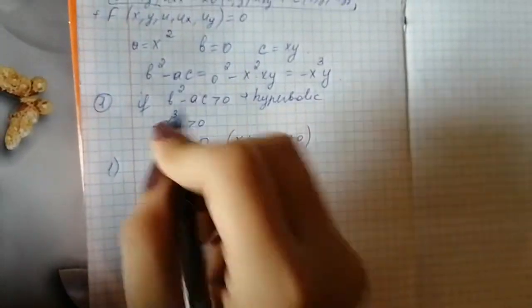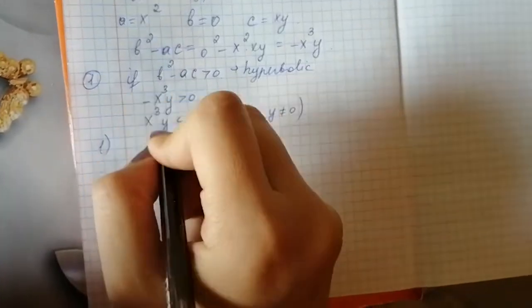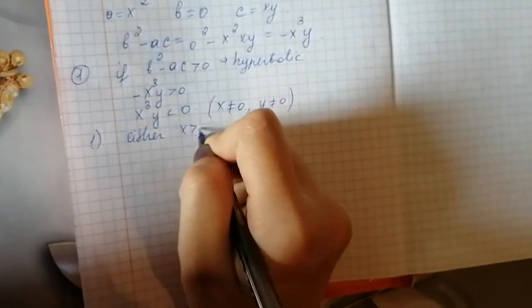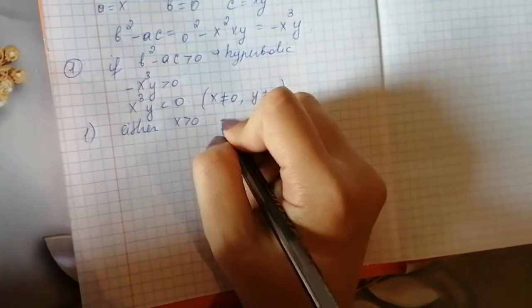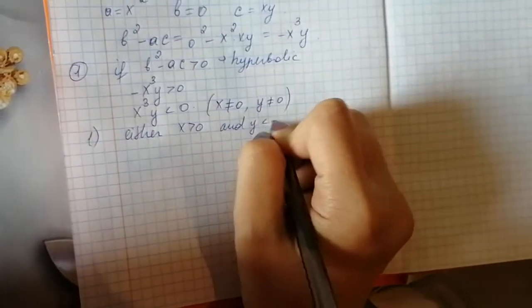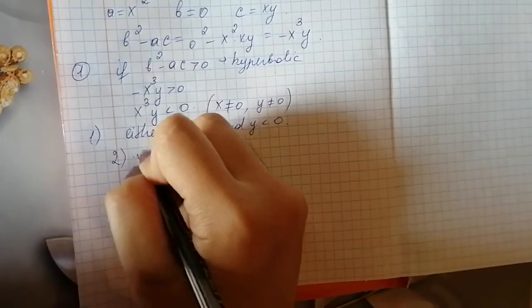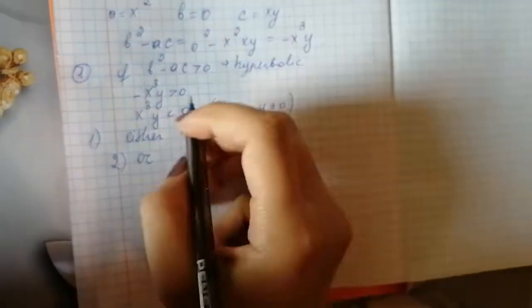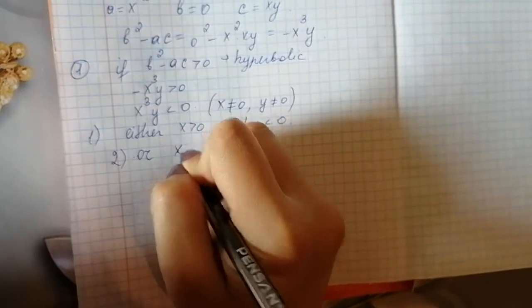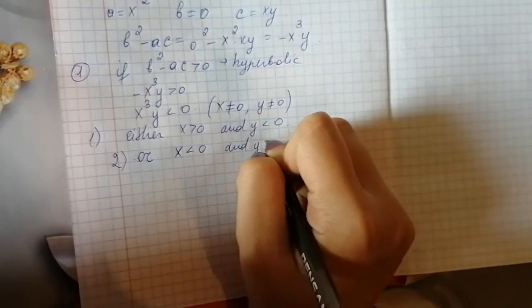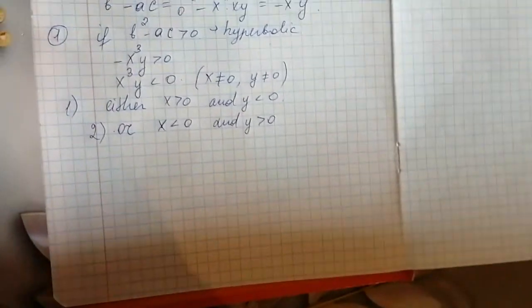This equation is hyperbolic at the points where either x is greater than 0 and y is less than 0, or x is less than 0 and y is greater than 0. How did I find it?